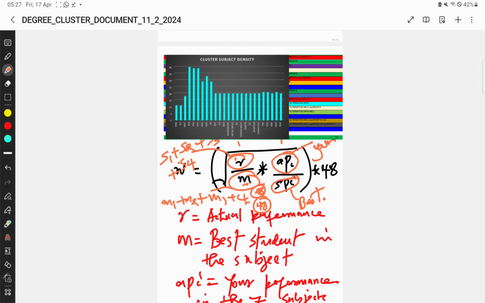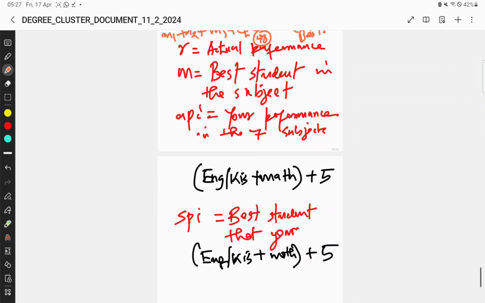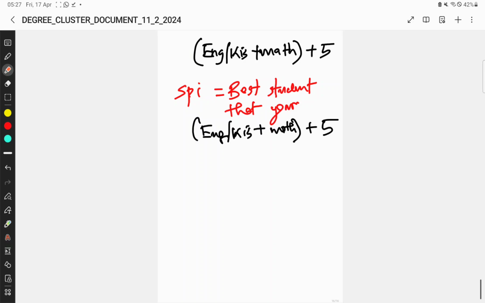So what you need to know is that the more your score matches the best student, the greater your weights, or the greater the points you get for that particular year. So your aim should shift your focus from mere grades to the actual performance.